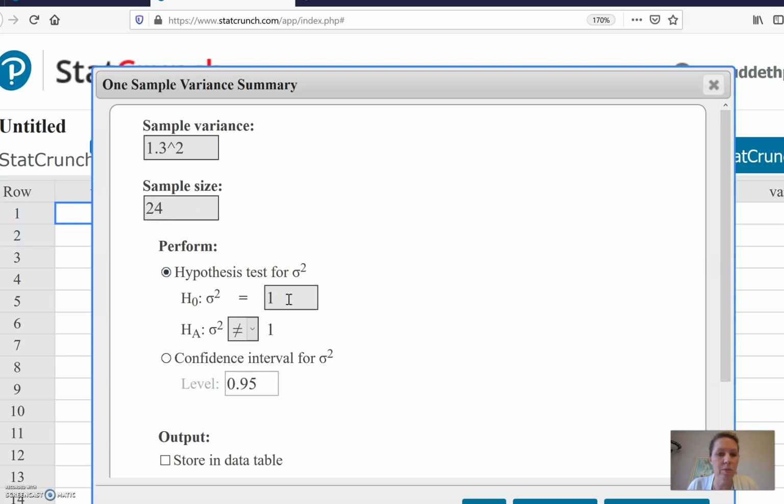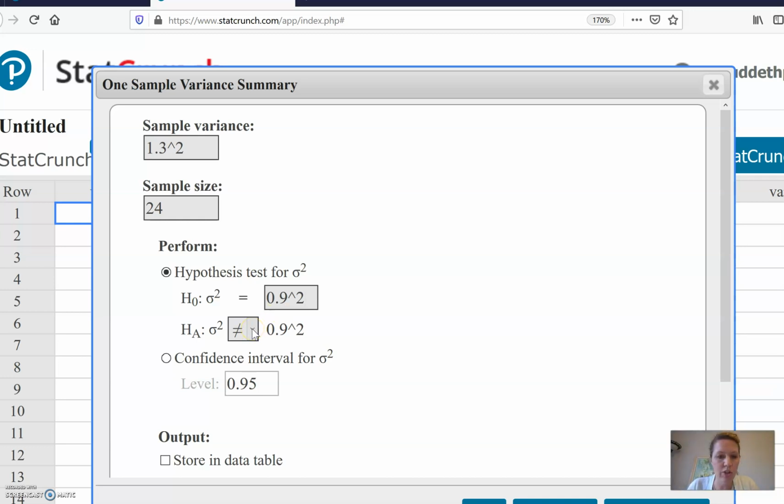Hypothesis test for sigma squared. Sigma squared equals 0.9, and again we square it because this is for variance. Let me type this in right: 0.9 squared. So H0 is sigma squared equals 0.9 squared.